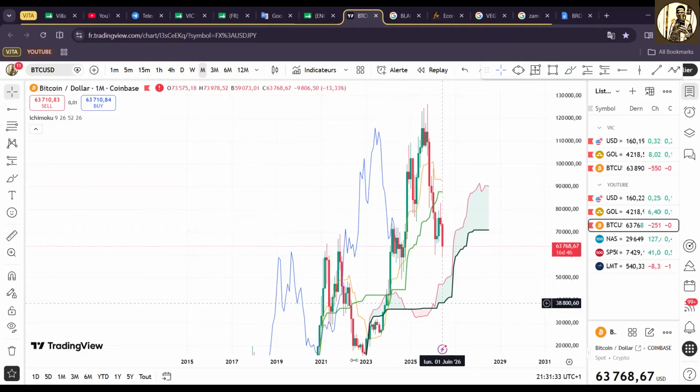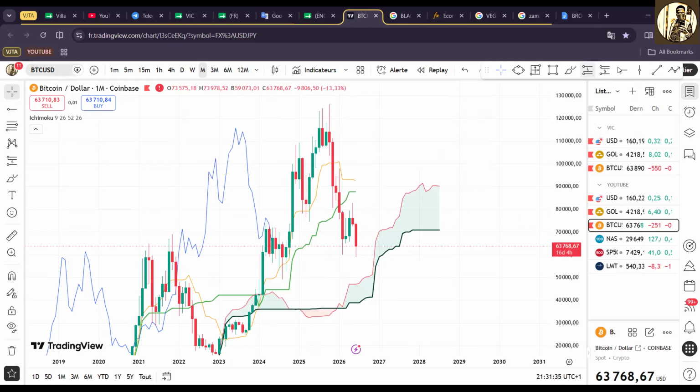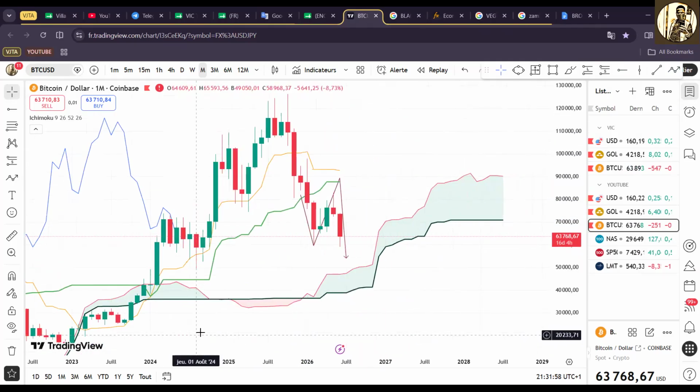So why do I say it? Let's take, for example, the case on monthly. Since we were on Kijun here, this one was the first Kijun touch, I planned that the price will go up and touch Kijun minimum before going back below. That's what I planned in my plan.